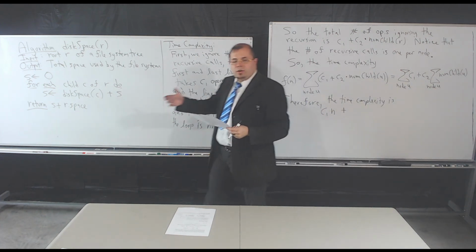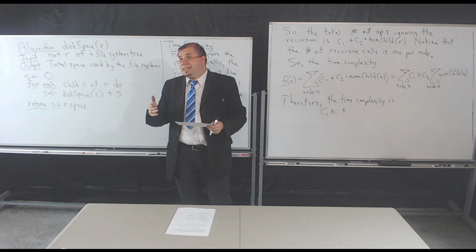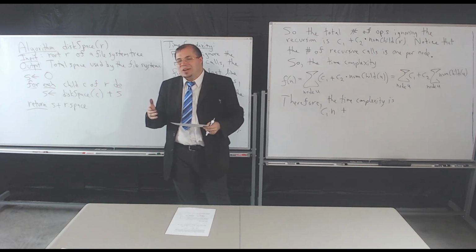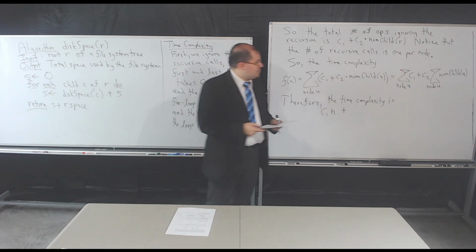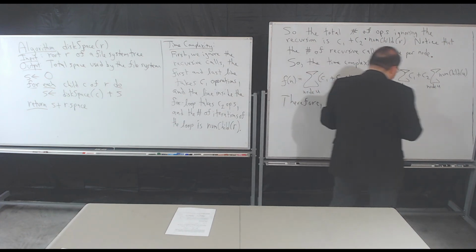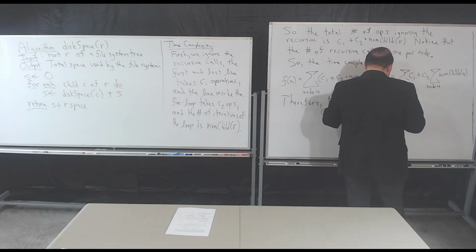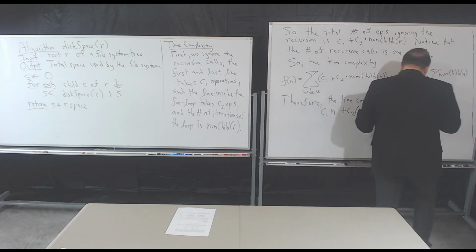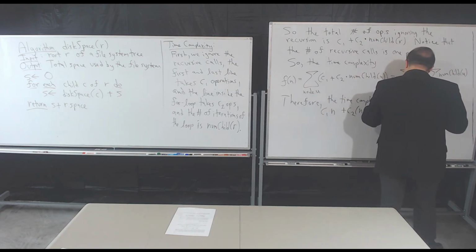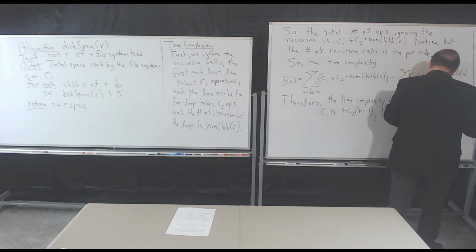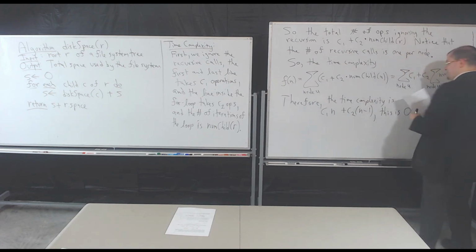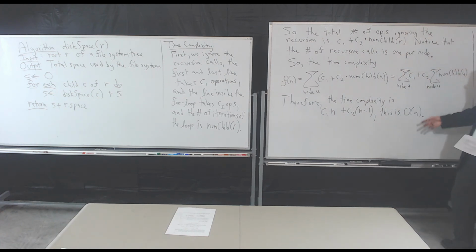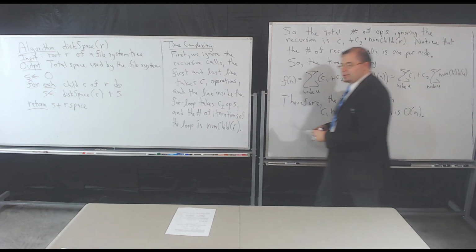If I sum across all the nodes, do the leaves have any children? No, right? So that means we're talking about the number of edges again. What's the number of edges? It's the number of vertices or nodes minus 1. This is big O of n. And we're done. Lickety split. So we've used this lovely property of trees to come up with the time complexity here.